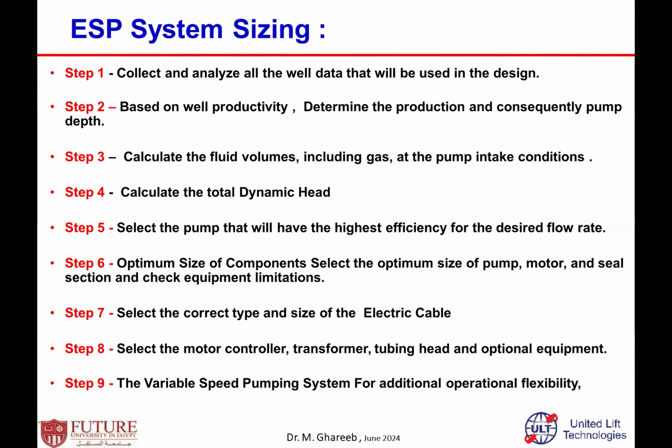With a prediction of what could change for this well, I also have to select the best type and size of cable, and on the surface, what surface control and what transformer I need, step up or step down, and how much voltage the transformer should have, based on the pump and the wellhead.